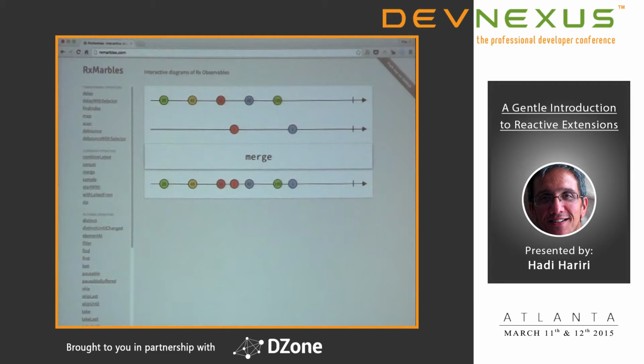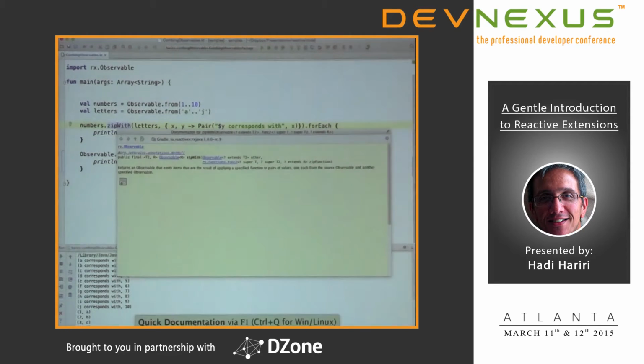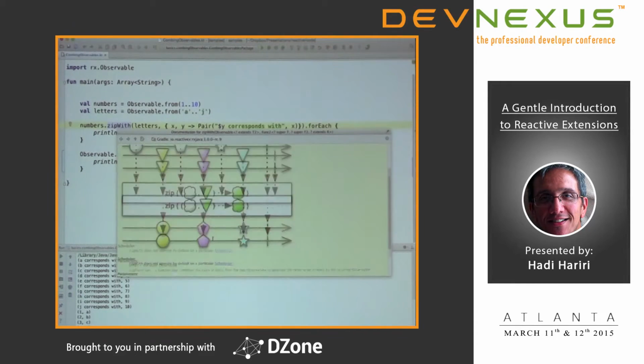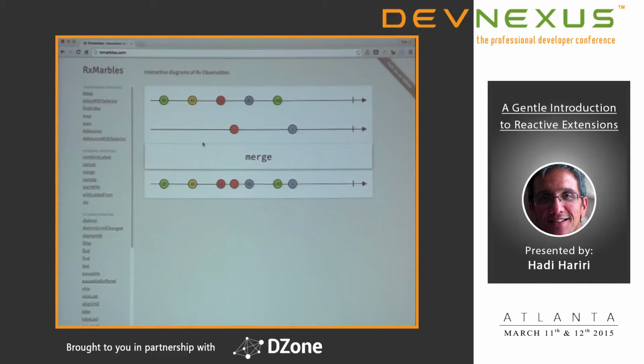So in fact, if I switch over, you can see, for example, if I do a zip with and look at the JavaDoc, it will show me this is what's happening, right? But this is a static image. The cool thing about RX Marbles is that I can actually move all of these. As I move these, it shows me the behavior.